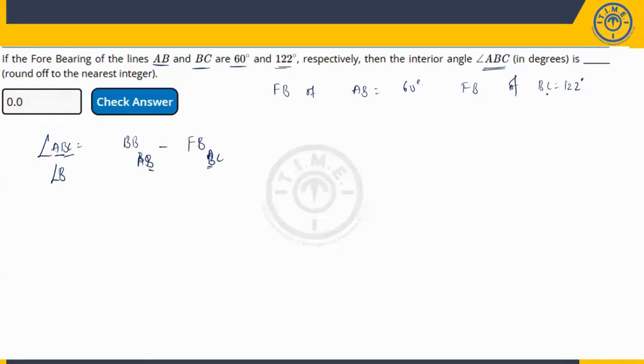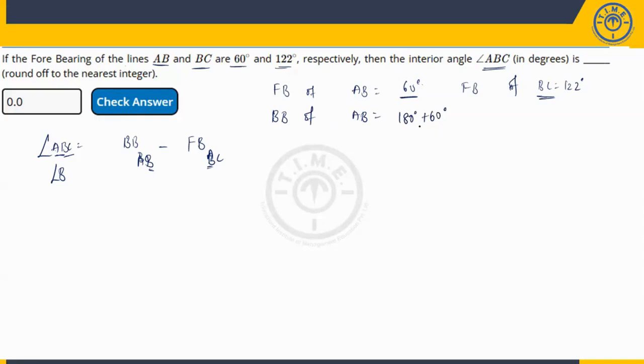So we know the forebearing of line BC. First, let's find out the back bearing of line AB. Is it greater than 180 or less than 180? It is just 60 degrees, which is less than 180. So add 180 to this.